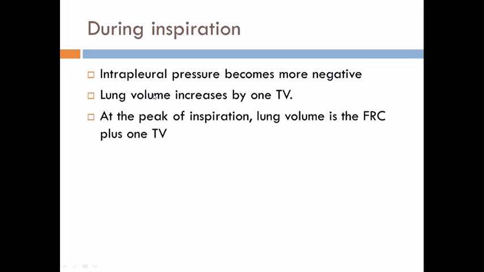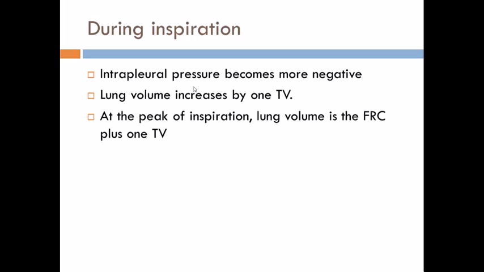And we know that the interpleural pressure becomes more negative, and the increase in negativity is responsible for pulling the lung outward. The more negative, the more pressure exerted on the lung to expand it, and it becomes more negative due to two reasons. The first reason is that the visceral pleura and the parietal pleura and the chest wall are attached to each other.